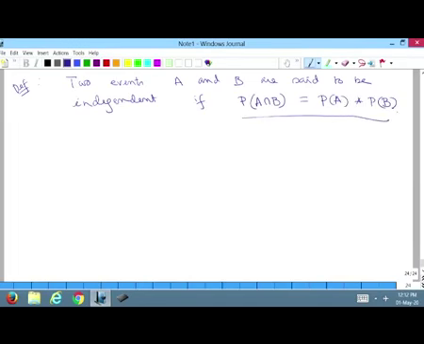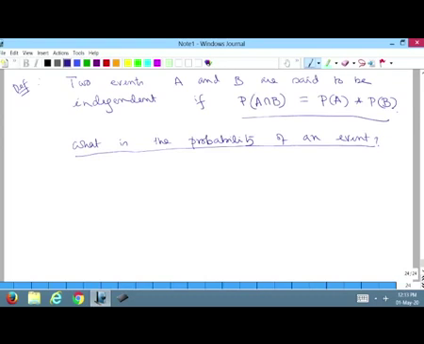Now, you may ask me what is probability of an event? That is the question.